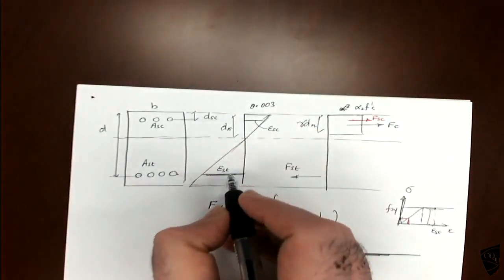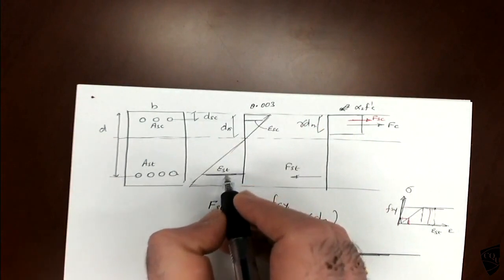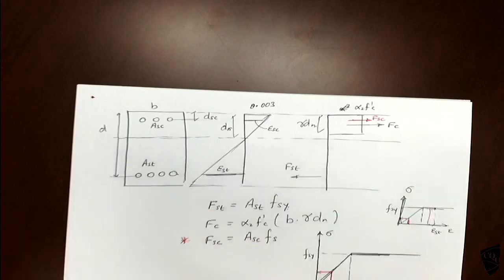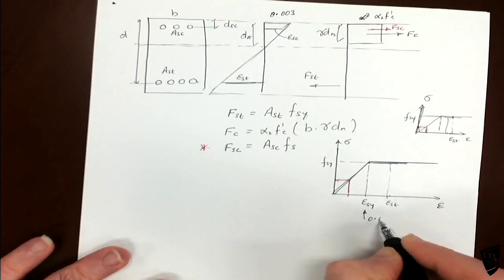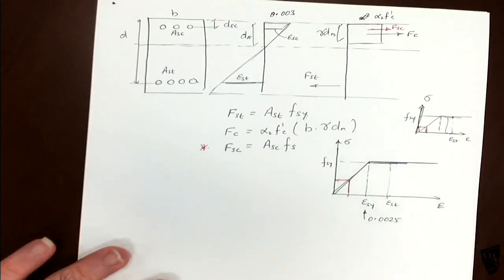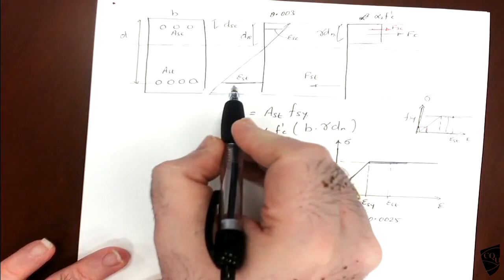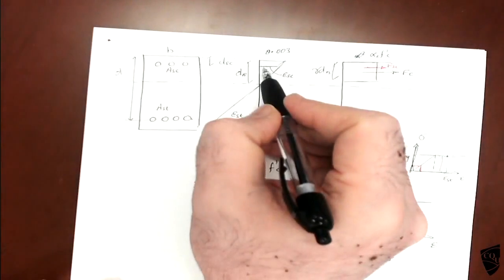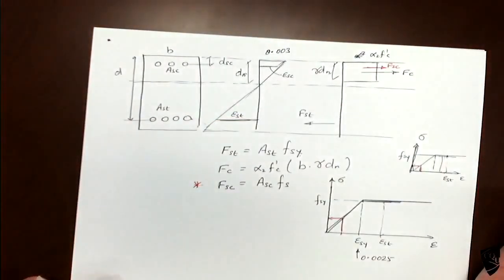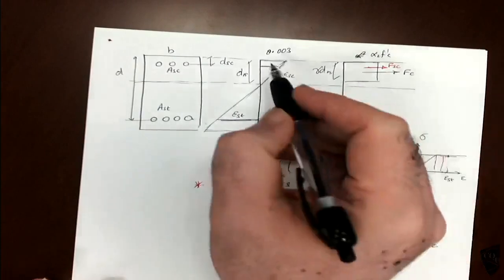Normally the tensile steel is assumed to reach the yielding point, otherwise it does not satisfy the Australian standard. So this should be satisfied. So the tensile strain will be somewhere here. The yielding strain is 0.0025. If you calculate the strain here, it will definitely be more than 0.0025, but this one sometimes may reach the yielding point, sometimes not. So we need to calculate.